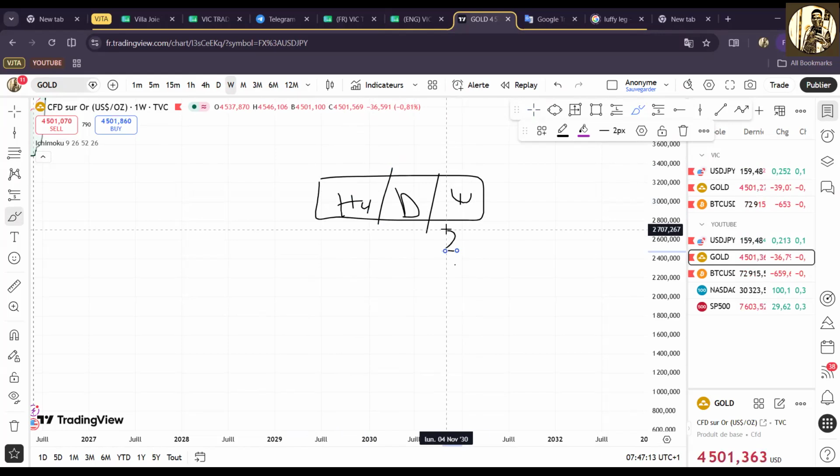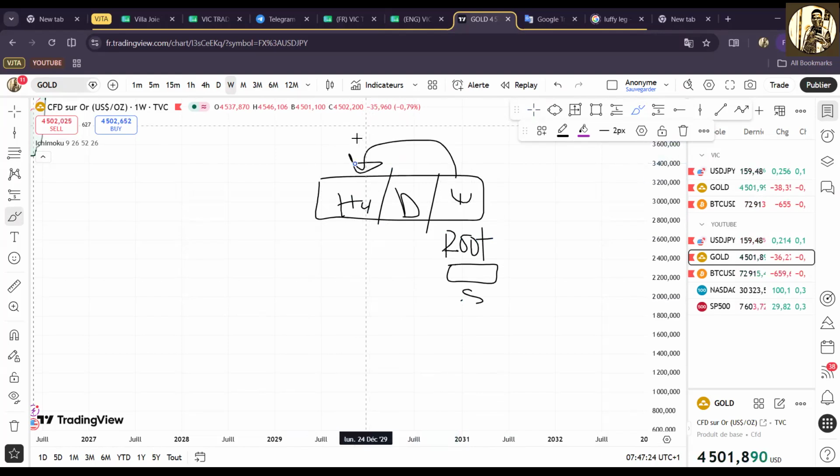The root, what I call the root, is that. You will find a setup on weekly, then you will move down two time frames to draw the cycle on H4, by doing the TS2 method. So the Ishimoku cycle will be drawn on H4, and that is where you have your zones on H4.